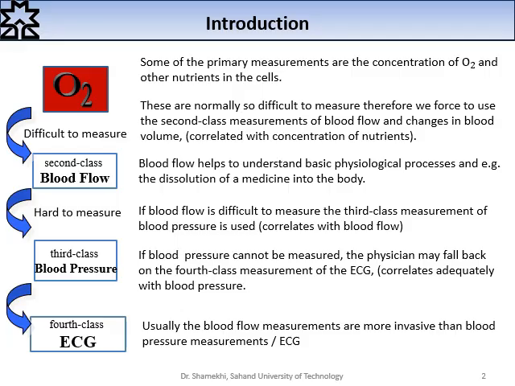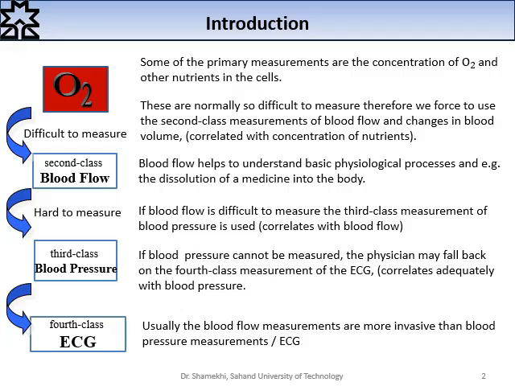Blood flow helps to understand basic physiological processes and the dissolution of a medicine into the body. But it is hard to measure. Measuring the blood flow in some cases is difficult, and the third class measurement is utilized.